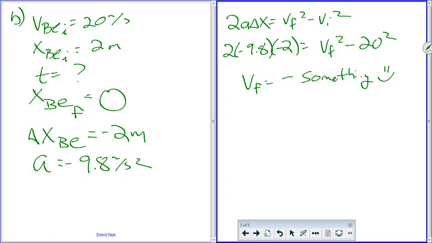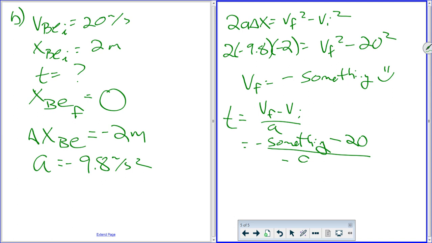I'm going to trust you guys can all do the algebra there. All right, and then we can find our time just by doing VF minus VI over A. So our VF is the negative something that we just found. The VI is 20, and the acceleration is negative 9.8. That gives you your answer. Good or no?